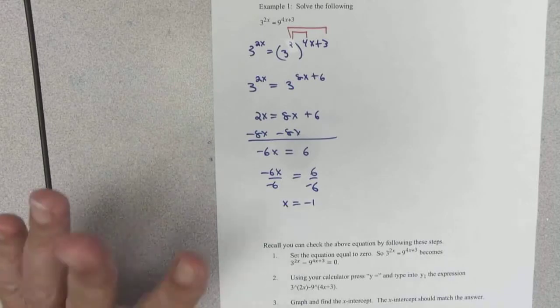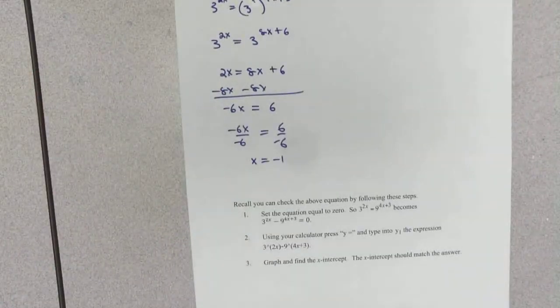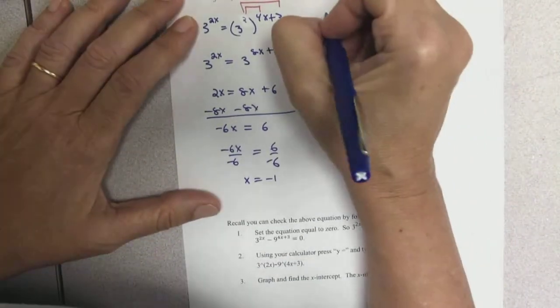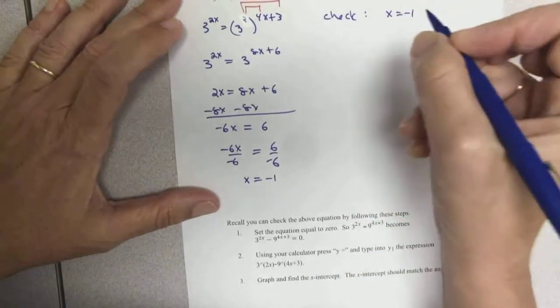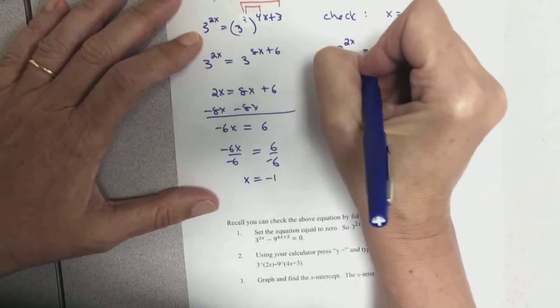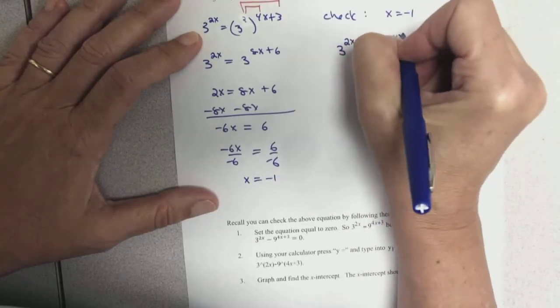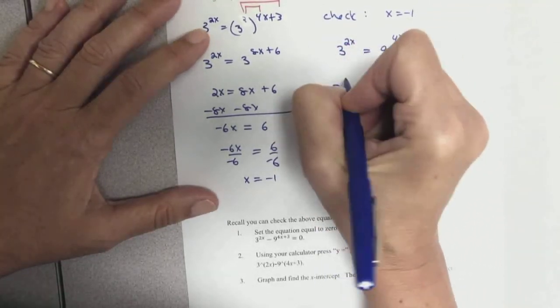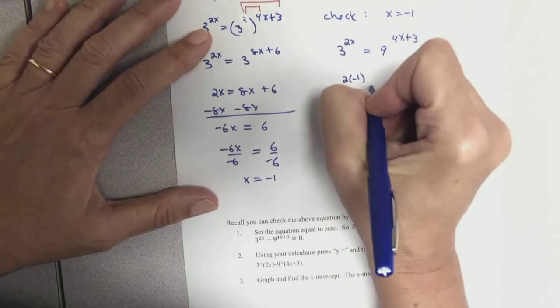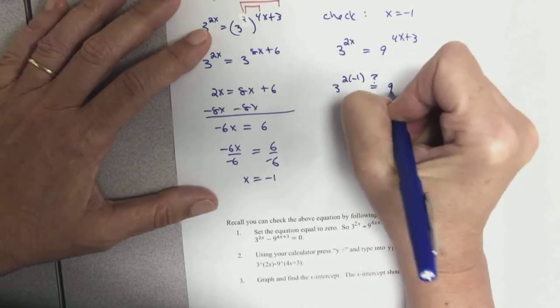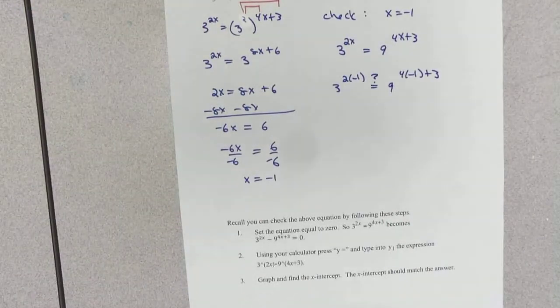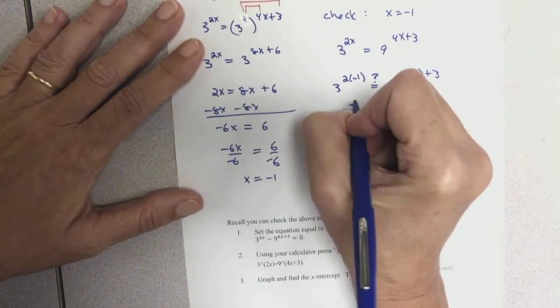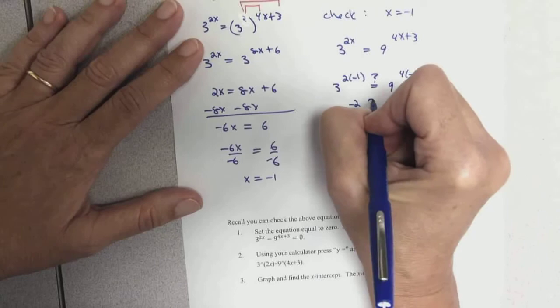Now, good habit to check. Now you can check the old-fashioned way, and let's go ahead and do that. Check. We got x equals negative 1. So I got 3 to the 2x, 9 to the 4x plus 3. Let's put in that negative 1 and see if they're equal to each other. So that's going to be 3 to the negative 2.